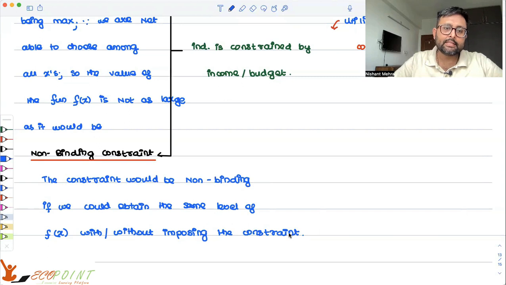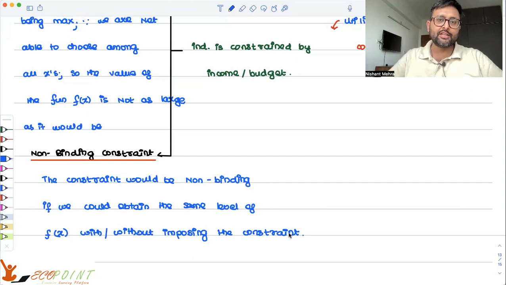So what I'm saying is, with imposing a constraint, it's a constrained optimization, and you get a certain value of f(x). If that value of f(x) is the same as the value of f(x) which you are getting without imposing the constraint, then that is the non-binding constraint.